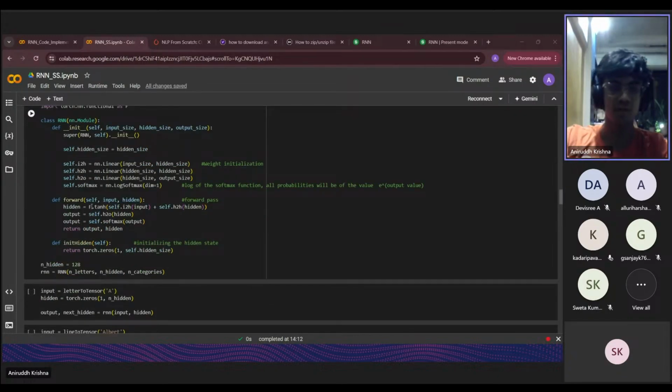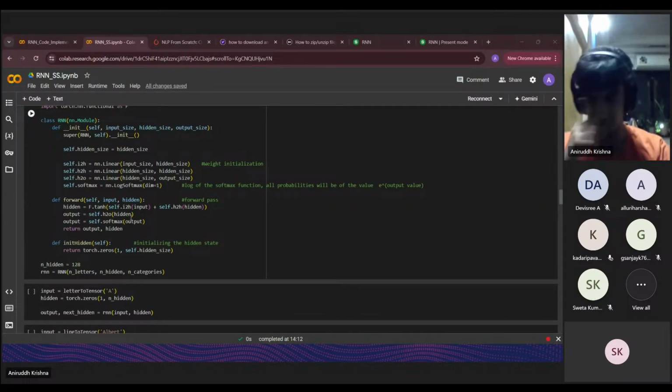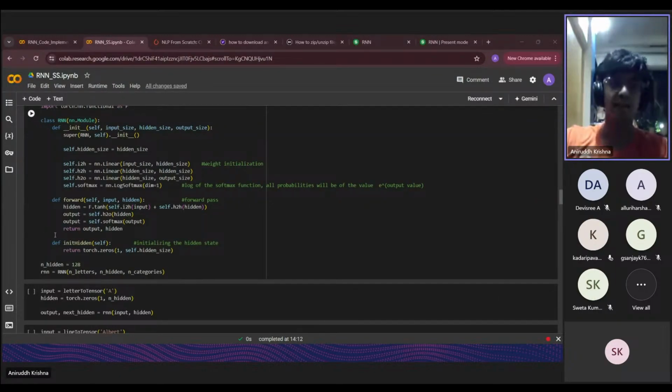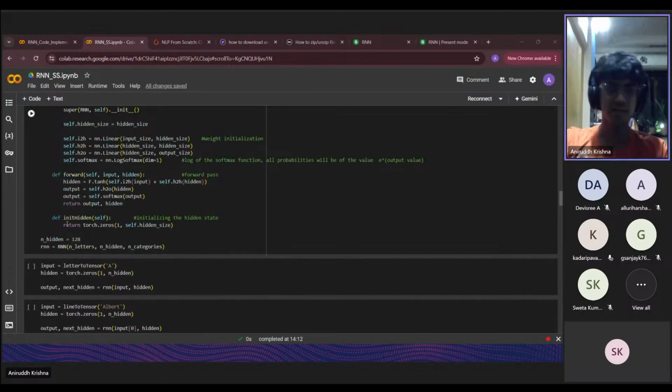I use that to form the hidden state, tanh of Wx plus Wh. The output would be the output weight times this hidden state, and after we have calculated this, we put that through the softmax function that we defined earlier to get the final values. And this is just another function, which we can use or not, to initialize the hidden state.